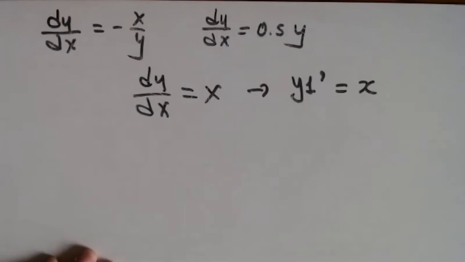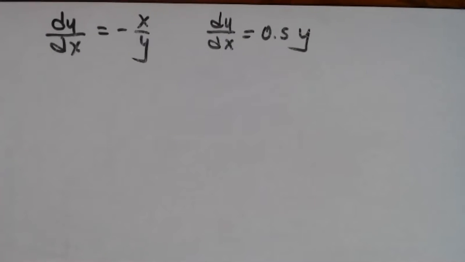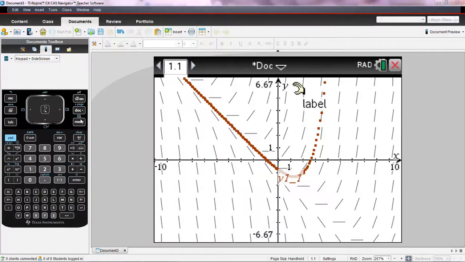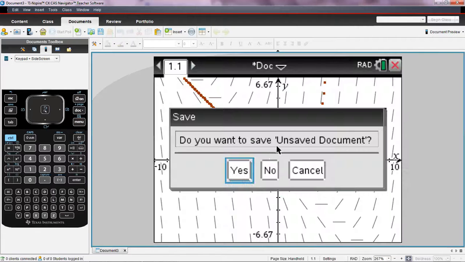Now, if you want to do any of these two, if you have a calculator, let me try this one: dy/dx equals negative x over y. Again, I'm going to do a new graph, new document.